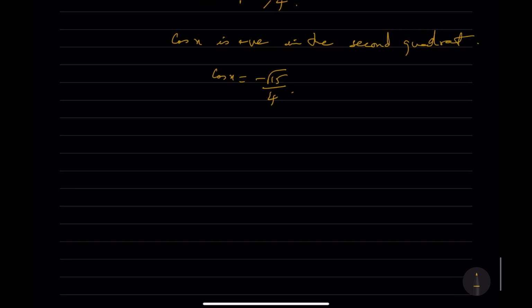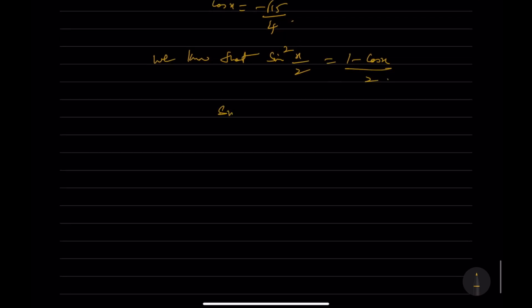So now we know that sin square x by 2 is equal to 1 minus cos x by 2, which implies that sin x by 2 is equal to root of 1 minus cos x by 2, which is equal to root of 1 plus root of 15 by 4 by 2.